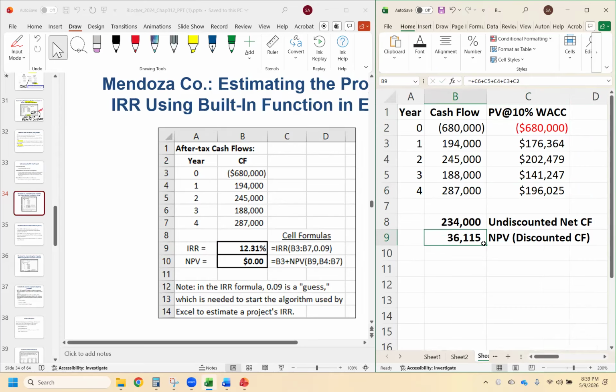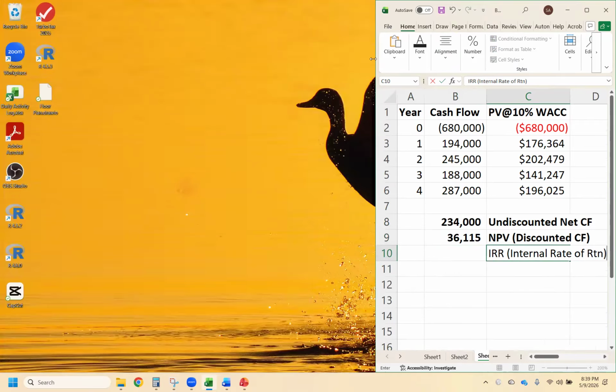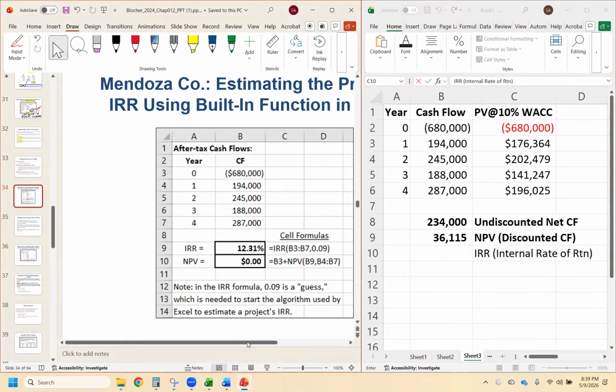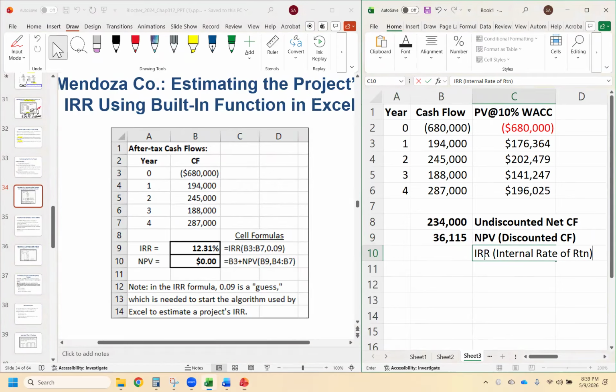So we want to know what is the amount of interest that we're actually earning. So IRR is the internal rate of return. And we can calculate it by putting the cash flows into the IRR formula. And it'll tell us what the percent is.